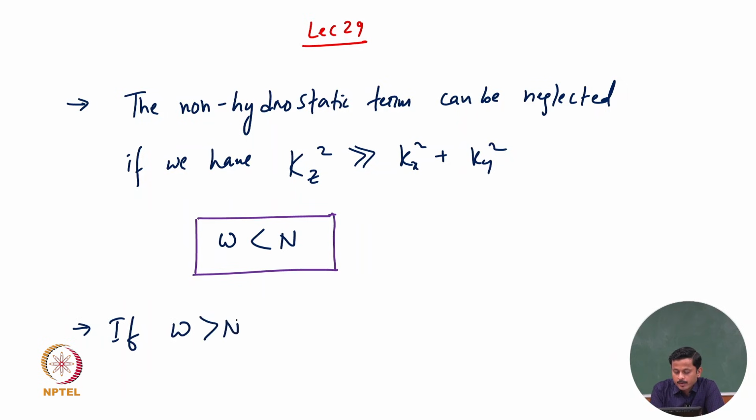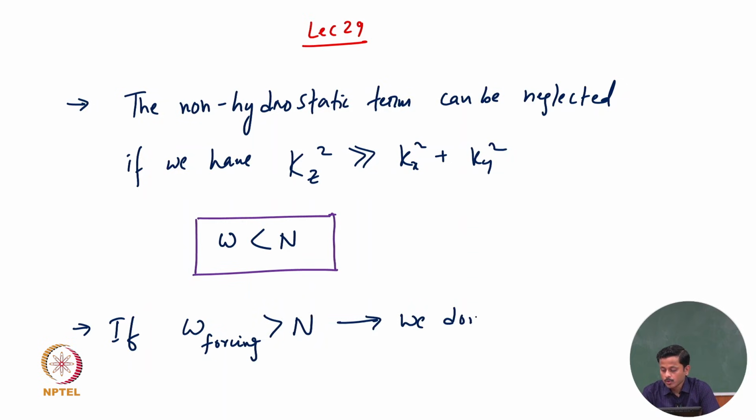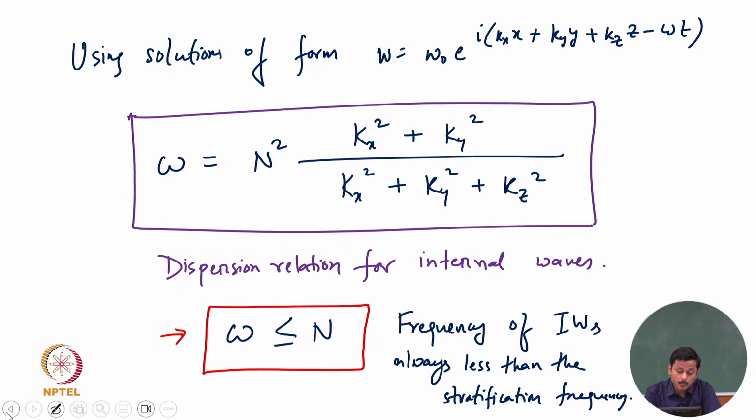So let's write down: if omega forcing is greater than the stratification frequency, we do not see waves, we do not see internal waves to be more correct, because the inequality does not allow us.